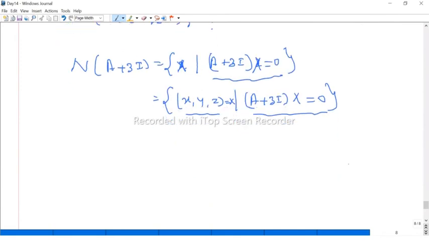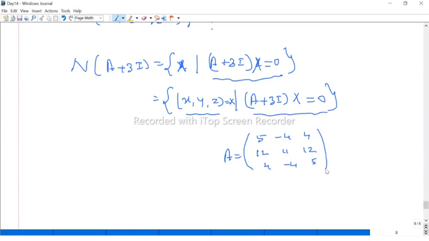Now consider this equation (A plus 3I) X equals 0. What is A plus 3I first of all? We add 3 only on the diagonal, so I'm directly writing it. What is A? 5, minus 4, 4; 12, 11, 12; and 4, minus 4, 5.